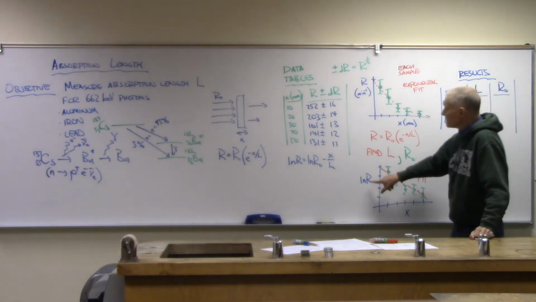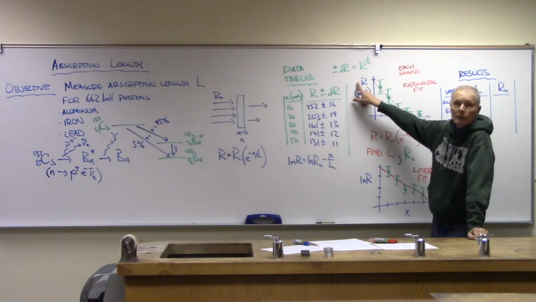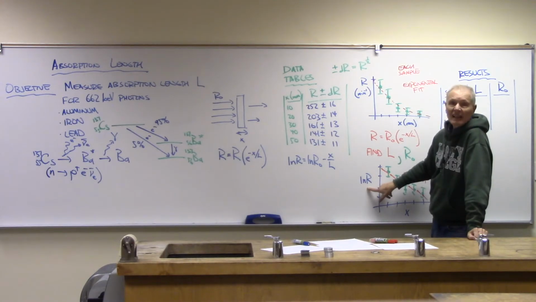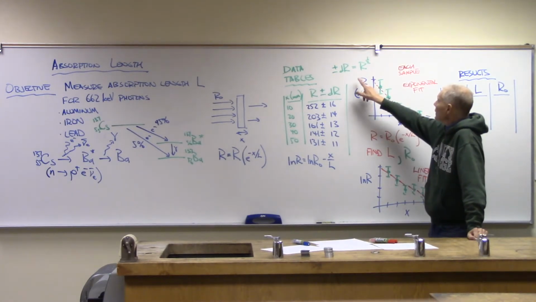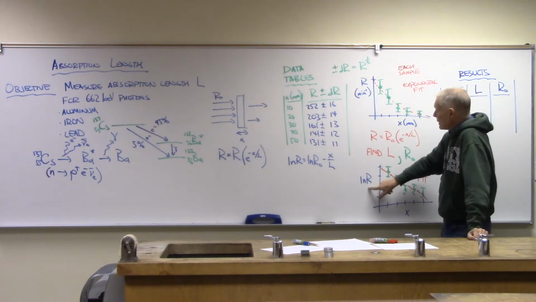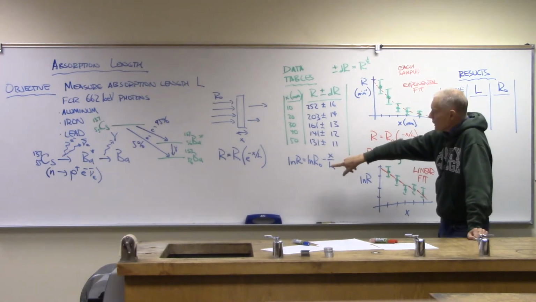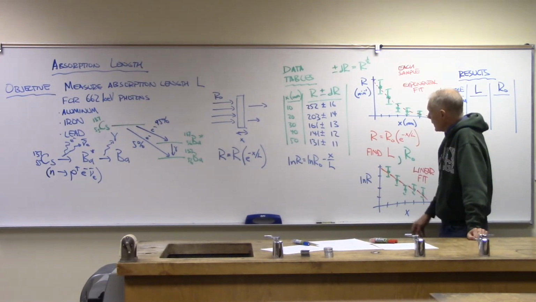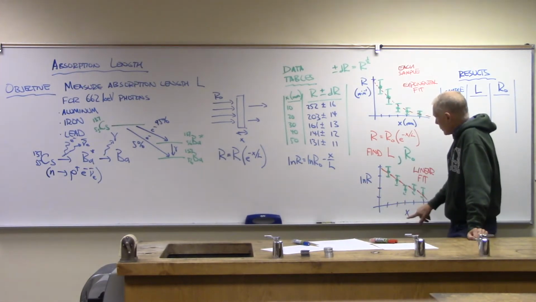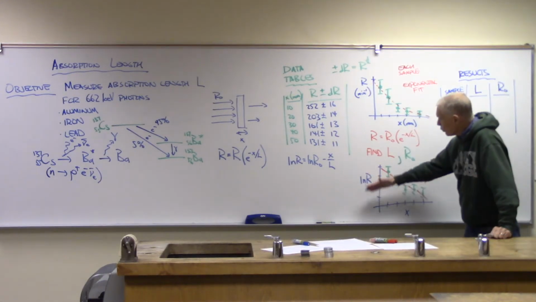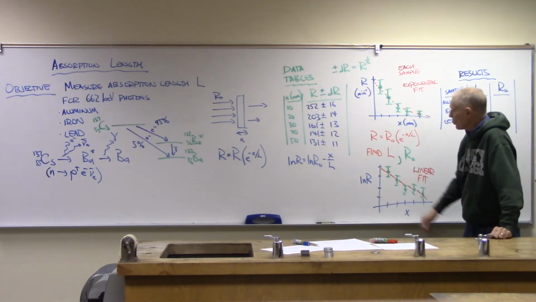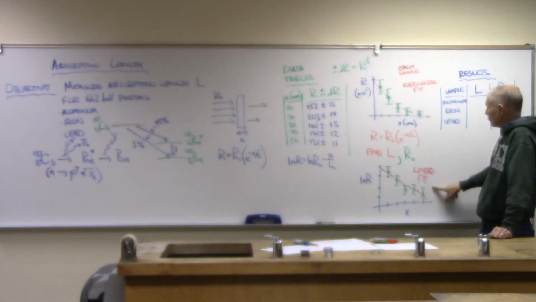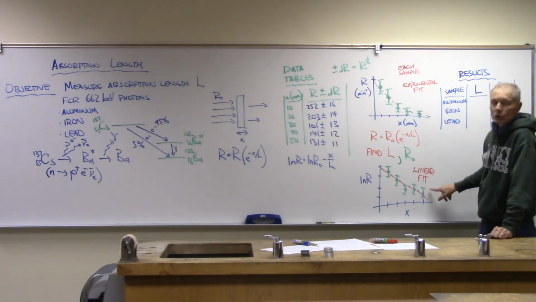On the first example, the y-axis is R. On this one, the y-axis is the ln of R. So instead of plotting R versus X, if we take this logarithm approach using the ln, we'll be plotting ln of R versus X. And by readjusting the scaling on the vertical axis, we're able to take what was an exponential function and represent it as a linear function.